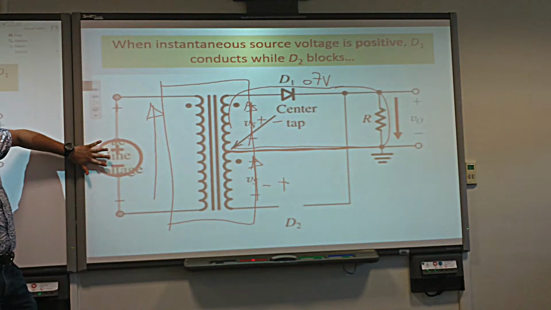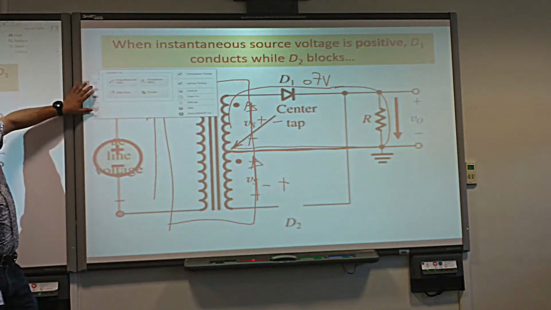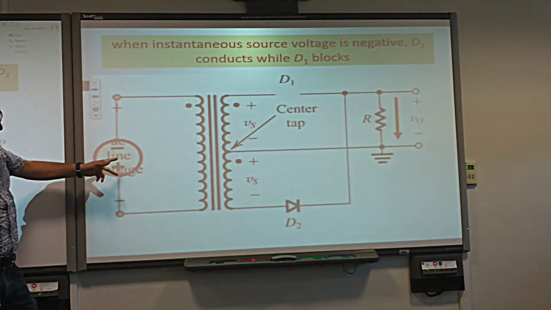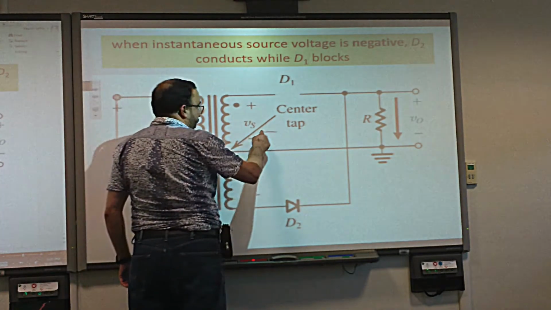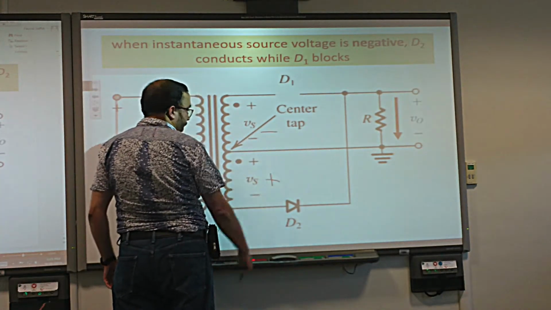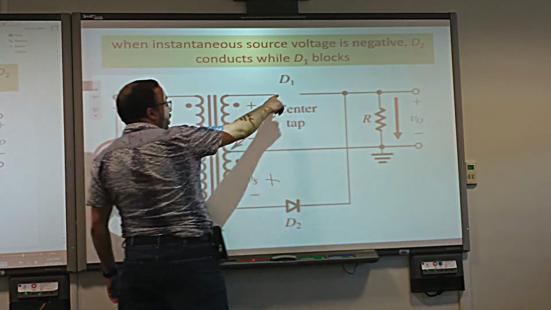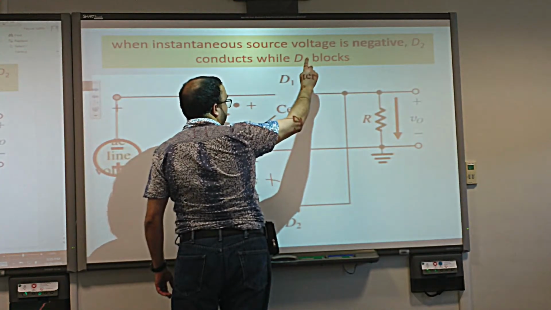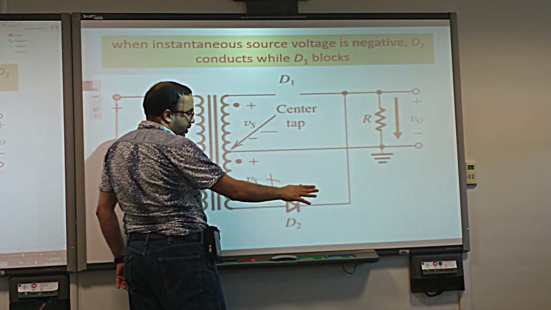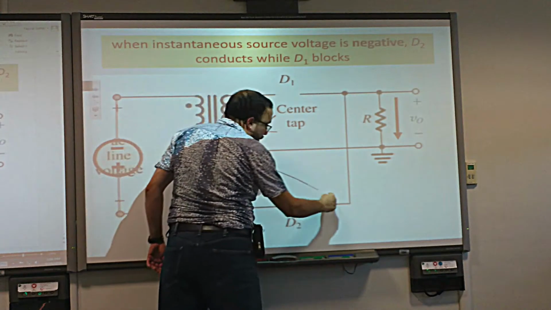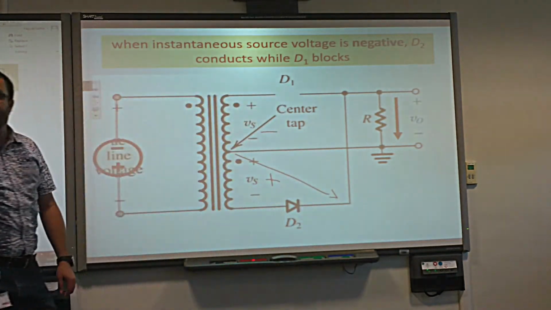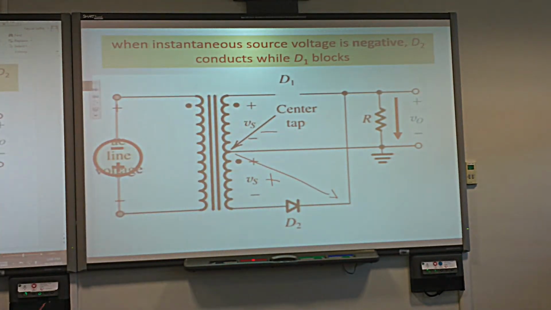Now, this is for the positive phase. When it is the negative phase, this guy is now negative and this voltage is positive. Then this diode is going to be off, yes or no? And this one will conduct if the voltage across it is above 0.7 but on the negative side.